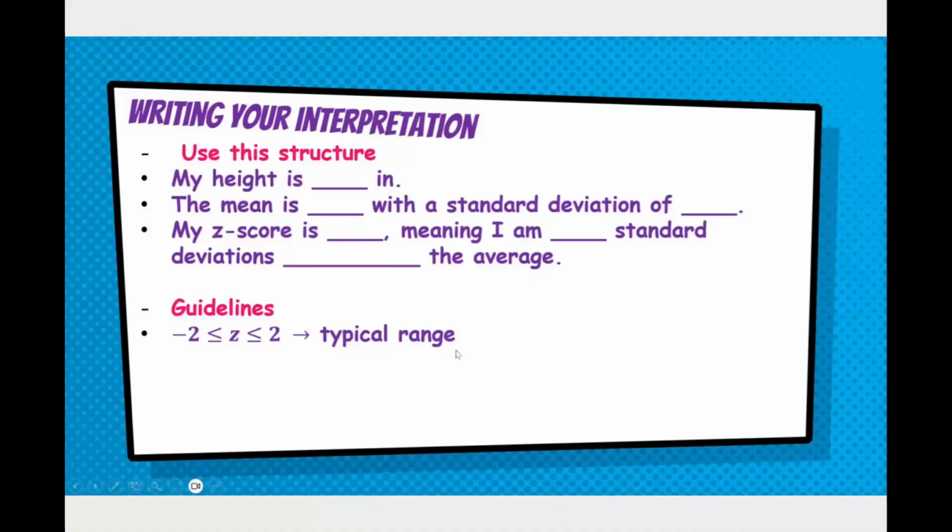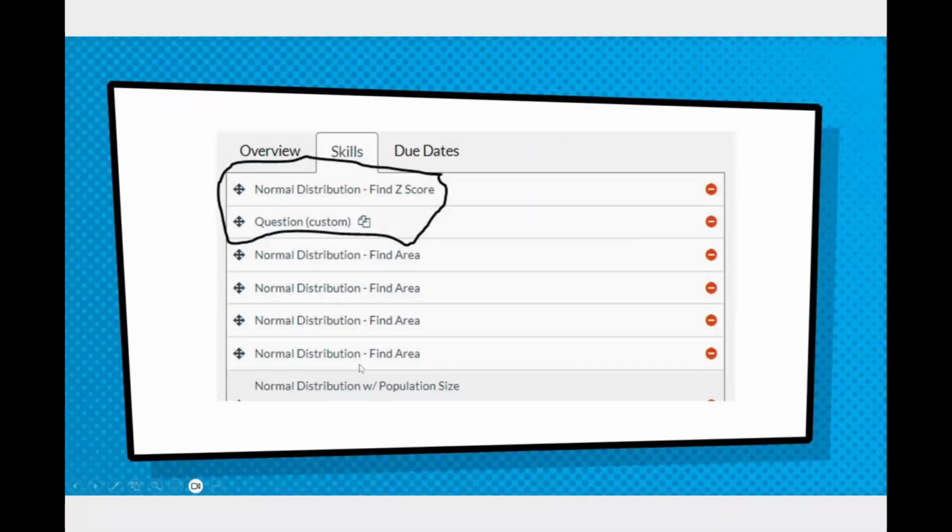Yes, you have people that are more than 2 and less than 2. Definitely it gets less and less common the closer you get out to 3, but we're going to write something like this. If it's in this range, we'll say that that's typical. If my z value is less than -2, I would say I'm unusually short, or if it's greater than 2, I would say I'm unusually tall.